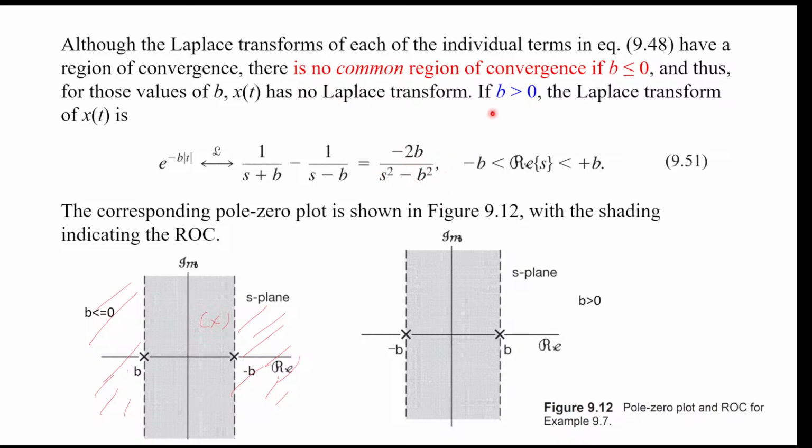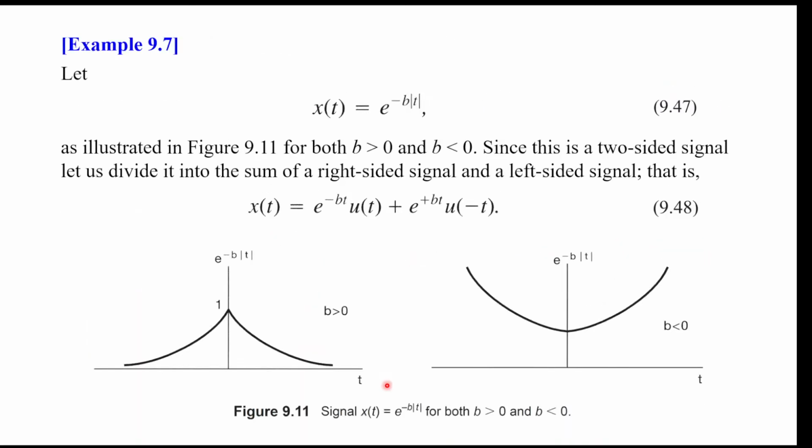And then when b is greater than 0, we see that the ROC has no overlap. We want the ROC to be greater than or equal to negative b and less than positive b, but negative b is greater than positive b, so the ROC has no overlap, and so this function actually has no Laplace transform.